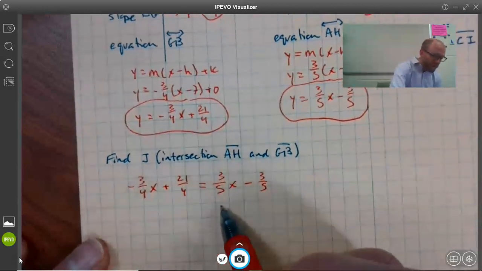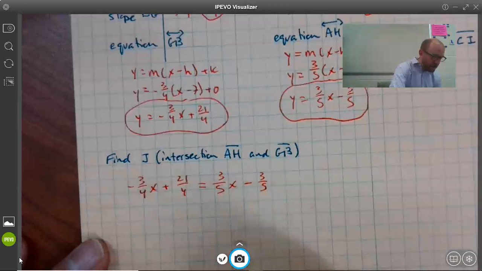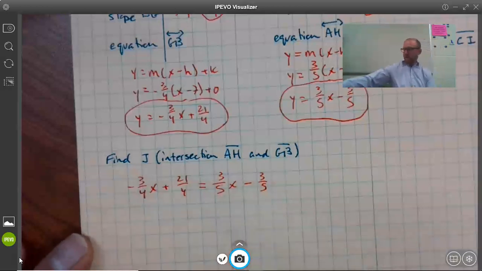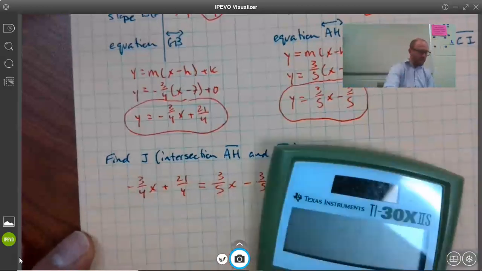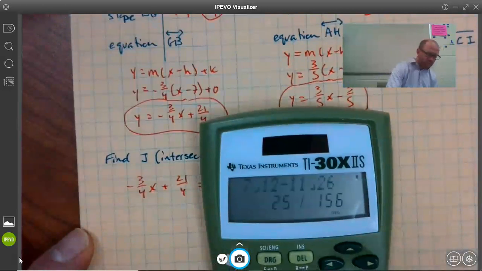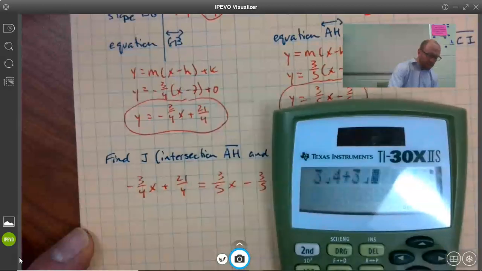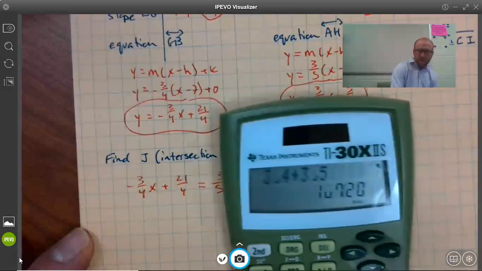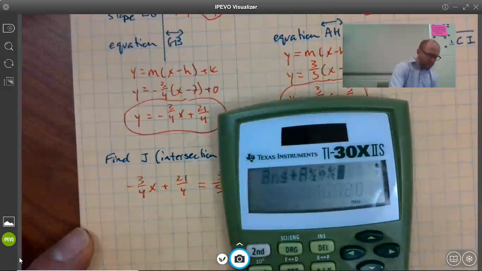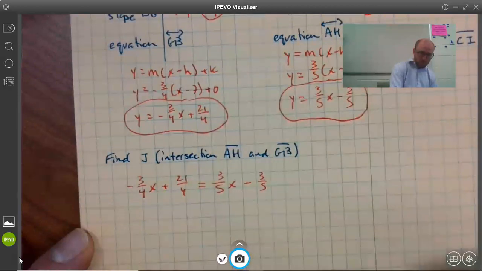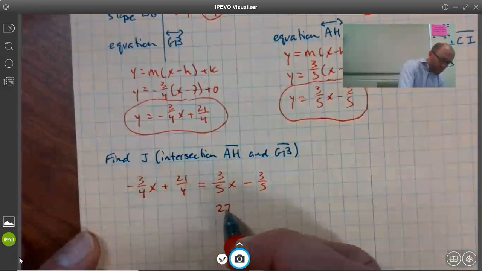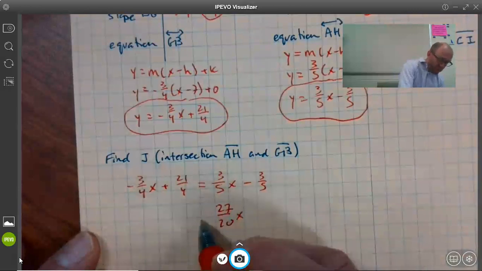Let's see, I will add 3/4 x to each side. Where's my calculator? I feel like doing this in my head. So we've got 3/4 plus 3/5 is 1 7/20, which is 27/20. 27/20 x.